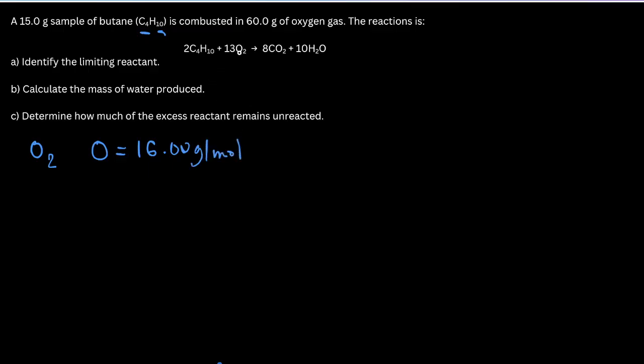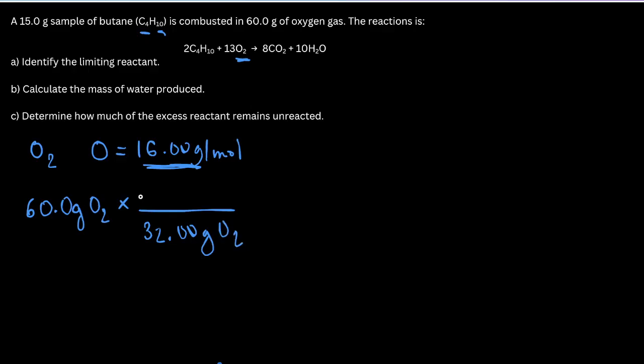Though here we're looking at diatomic oxygen, O2, which means that when we're converting this 60 grams of oxygen, we should be dealing with this number times 2. So we would be doing 32 grams of oxygen per 1 mole of oxygen.